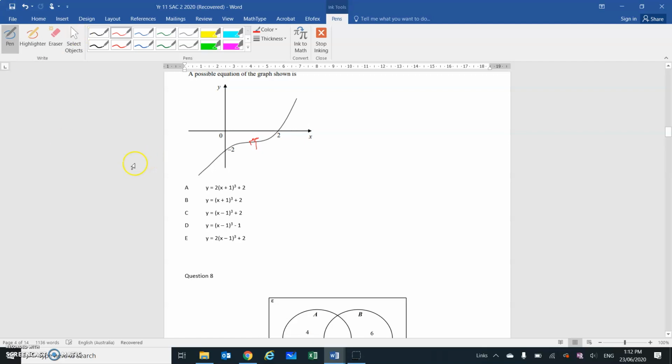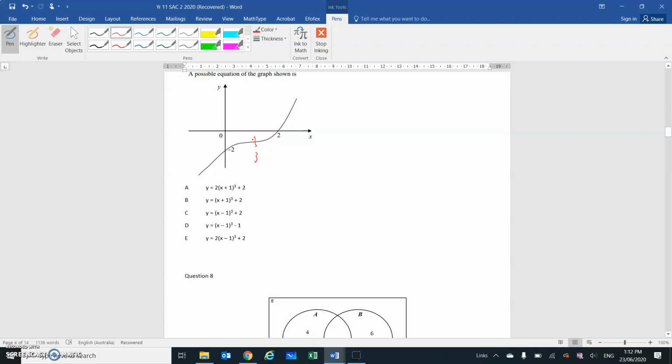Out of all the options, they all have either an x value. So for example, in this one here, for the point of inflection, the x value would be -1. For this one here, for C, the point of inflection, the x value would be +1. This has to be +1.